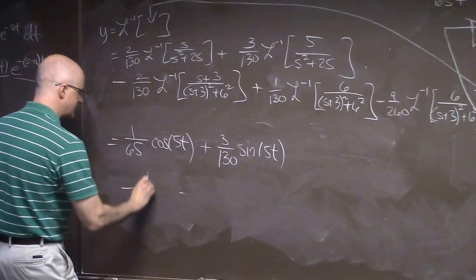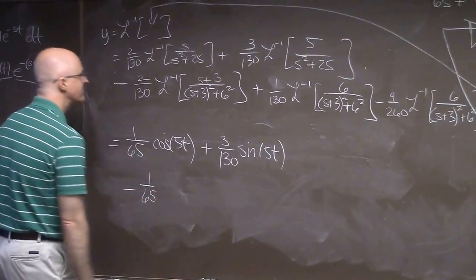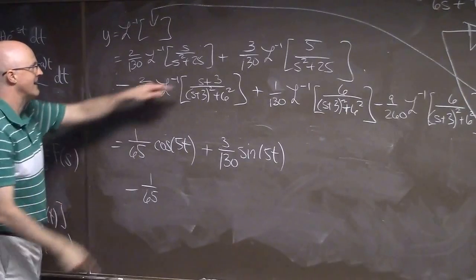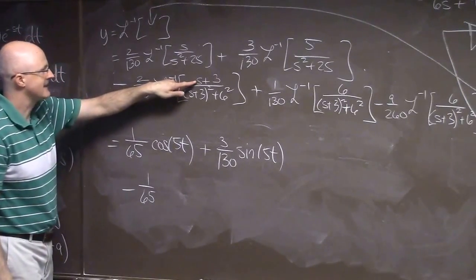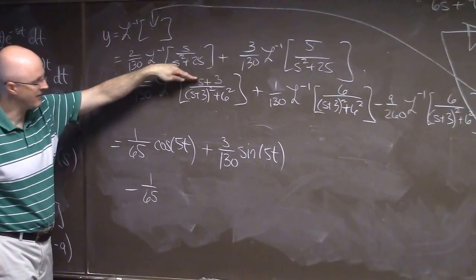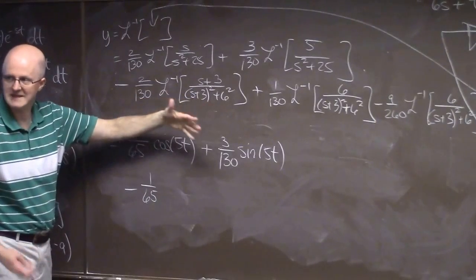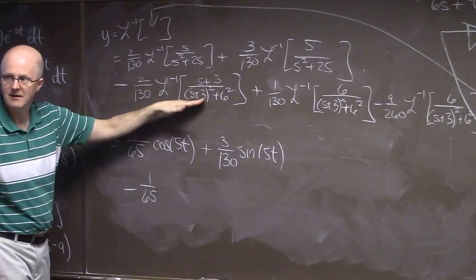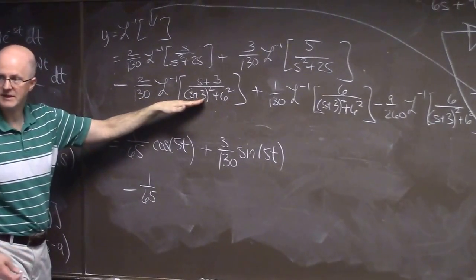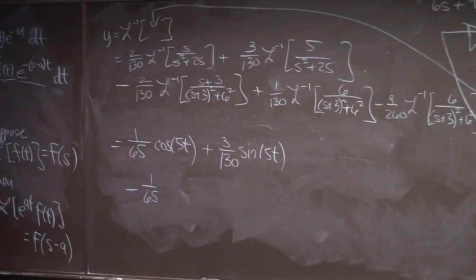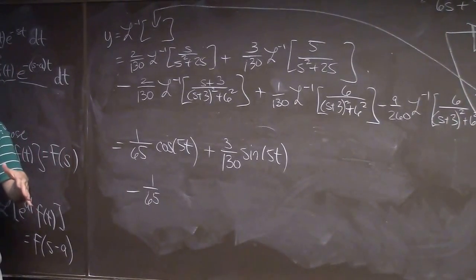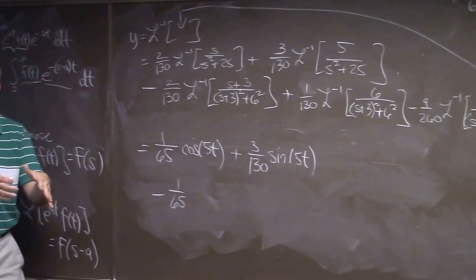Minus 2 over 130 is 1/65. Inverse Laplace transform of that. It's like you have the inverse Laplace transform of s over s squared plus 6 squared, but replace s with s plus 3. The inverse Laplace transform of s over s squared plus 6 squared is cosine 6t.